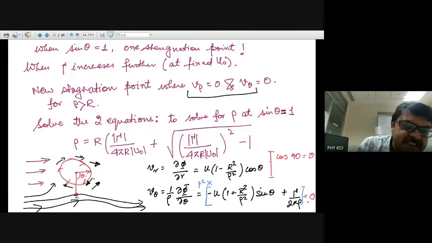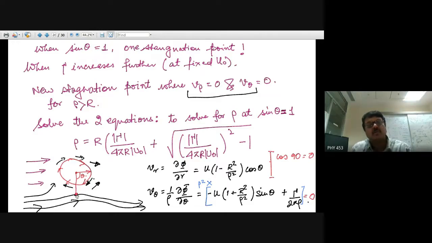So your stagnation point initially had two values, then as you keep on increasing circulation, it will come here, and then for even higher values of gamma, the stagnation point will move away from the surface of the sphere to here.